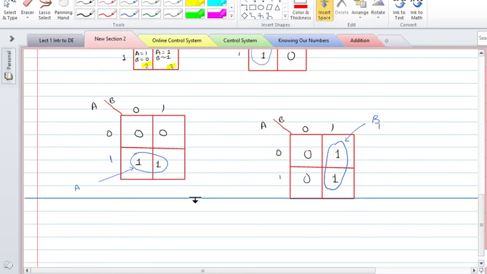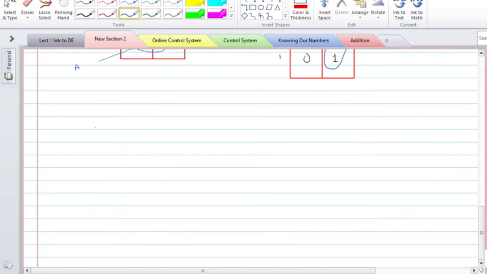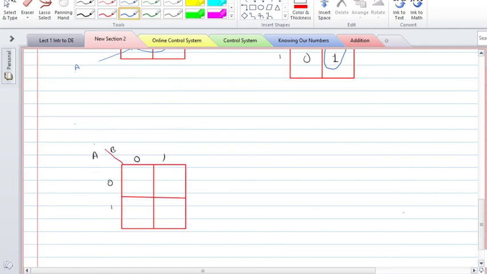So if there is a case with no grouping, let us suppose as in this example, if 1 is here, the largest group possible is with a single cell only, and for this particular cell the value of A is 0 and the value of B is 0.